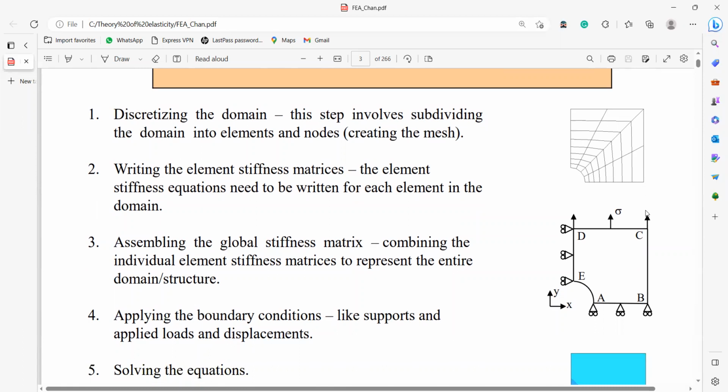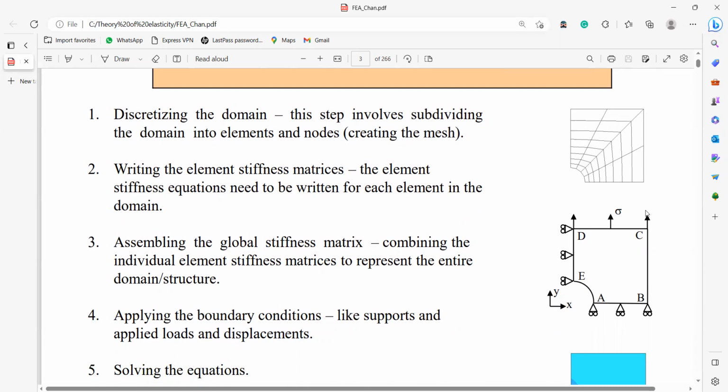And this global stiffness matrix has all the elements' information together. So this represents the entire domain or structure.